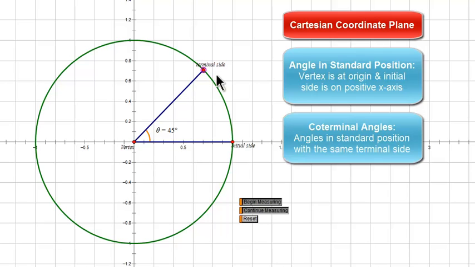The idea is that coterminal angles share the same terminal side, however they are of different magnitude. You've got your quadrantal angles: 0 degrees, 90, 180, 270, 360. Those are all good angles to know, but the question is, how do we figure out what coterminal angles are?